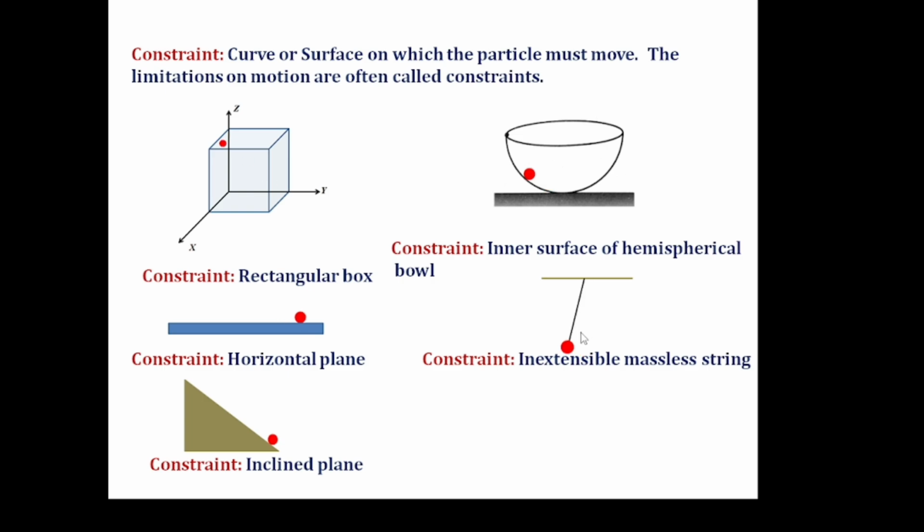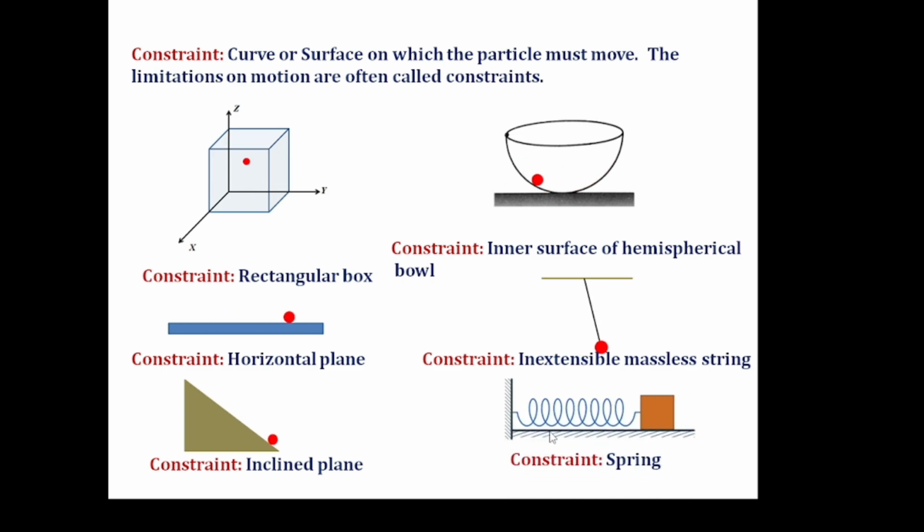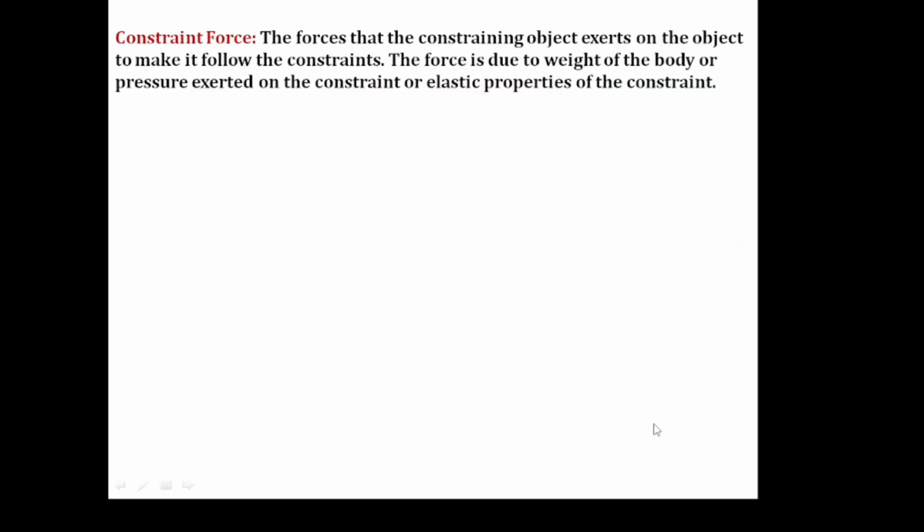Because of this string, the bob is oscillating. And the last one, the constraint is the spring. Because of this spring, the body is forced to move along this horizontal direction.